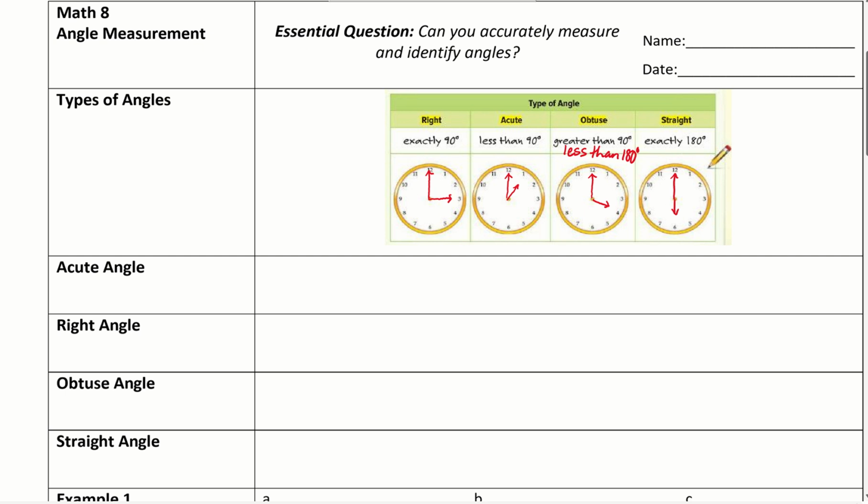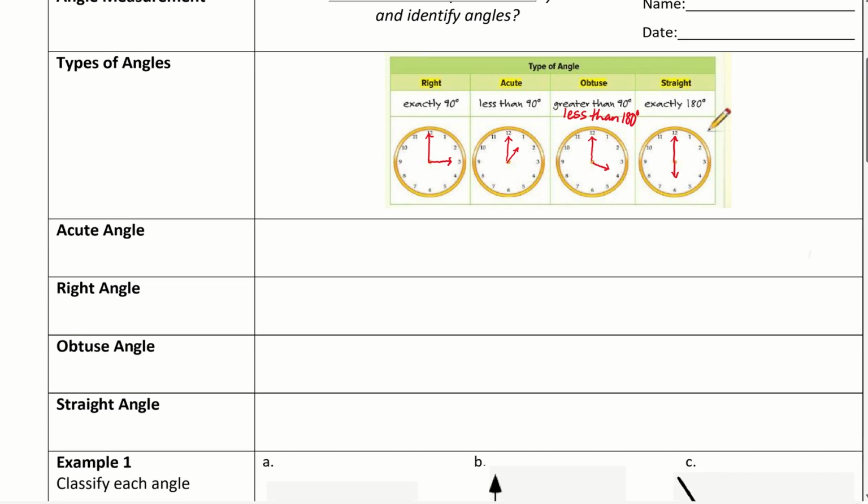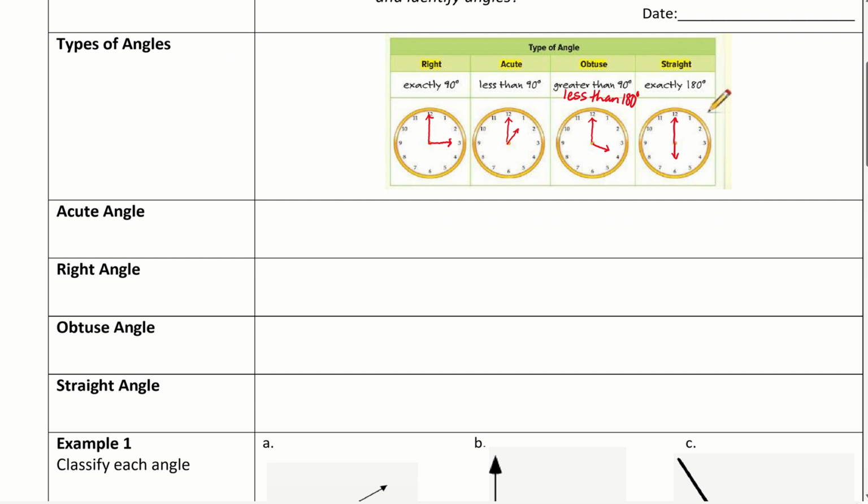That's a good example of types of angles, how they appear in the real world. We're going to go ahead and move on into definitions. Again, we've talked about these already, so hopefully we know these, but an acute angle is going to be less than 90 degrees. A right angle is exactly 90 degrees. An obtuse angle is going to be greater than 90 degrees.